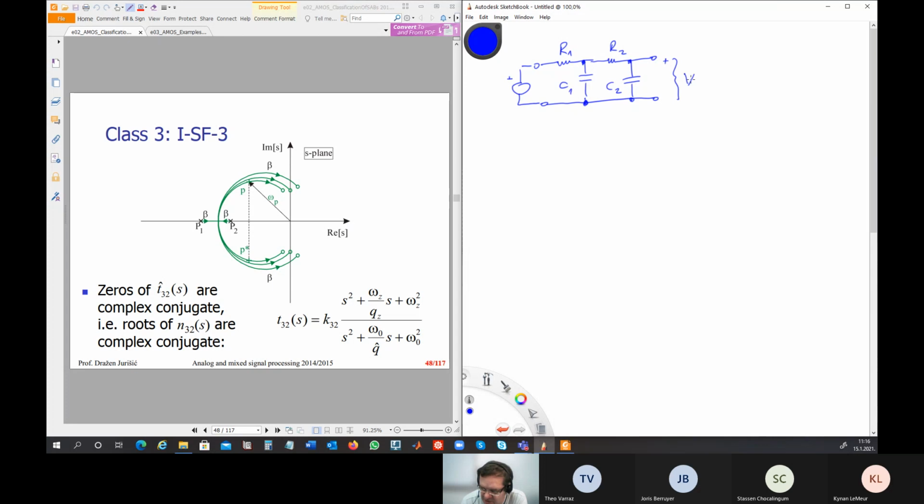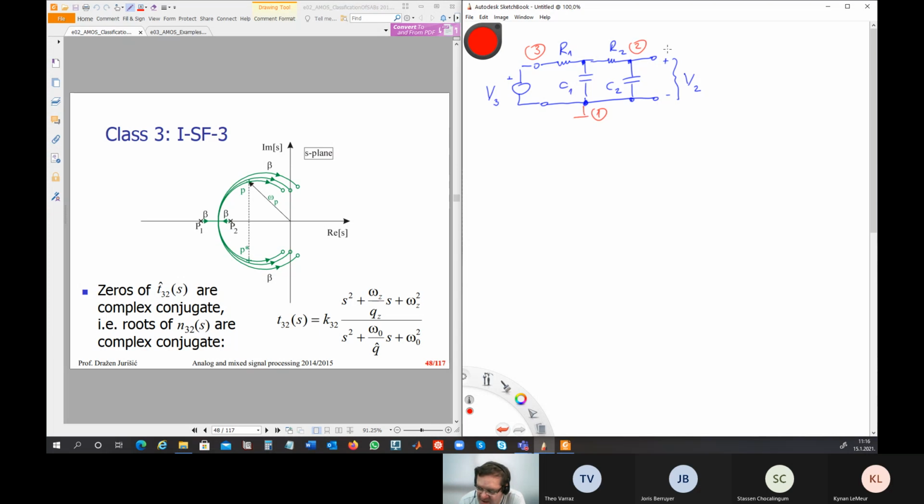We will call this voltage V2, and the input voltage V3, and then we'll try to find the transfer function. Let us call the nodes node 3, node 2, and this one here, which is a reference node or grounded, node 1.